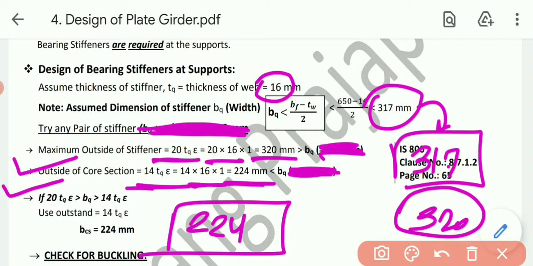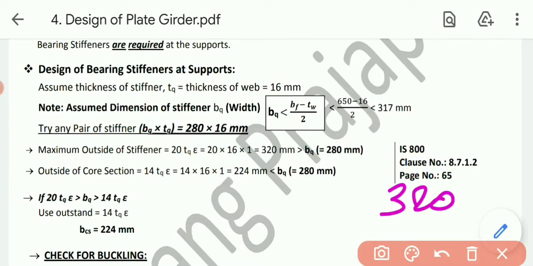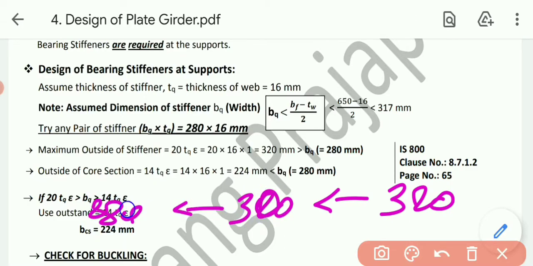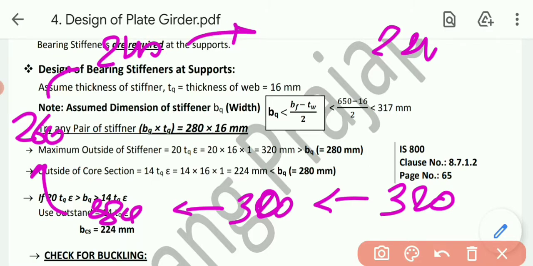So I can take the dimension between 224 and 317 mm. Say I'm using a 20 mm dimension slab. Say the maximum dimension is 317, on average 320. Minus 20 is 300, minus 20 is 280, minus 20 is 260, up to the minimum of 224. Minus 20, that is 240, and minus 20 again I will get 220, but I will use 224.